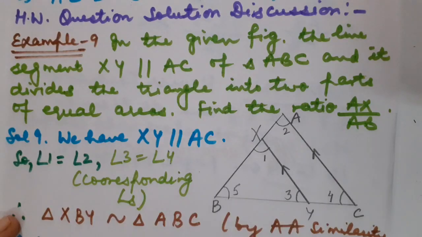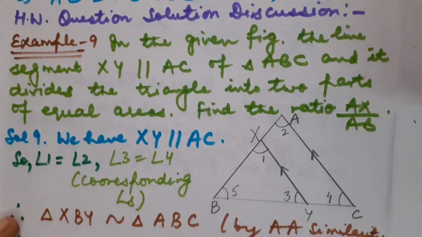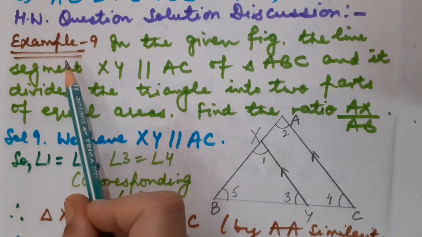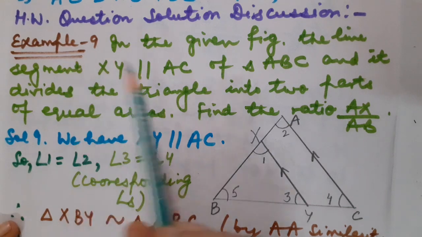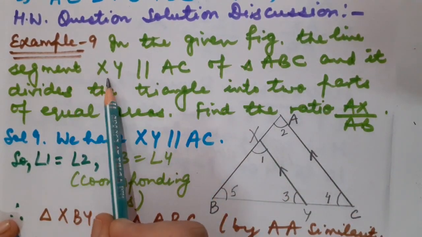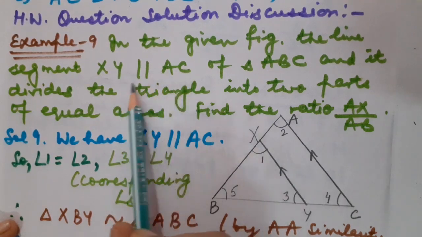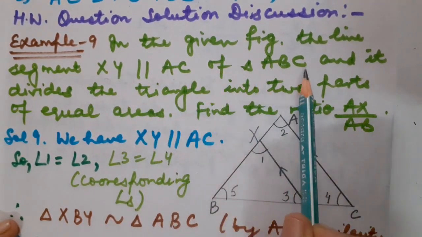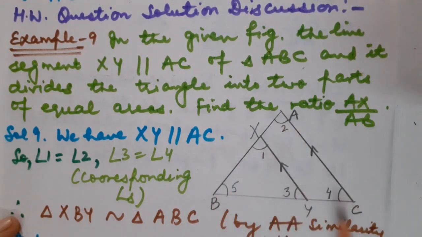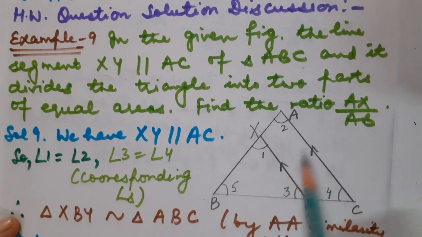Now let us start the homework question solution discussion. This is actually example number 9. Most important example it is. Please be alert. In the given figure, the line segment XY is parallel to AC of triangle ABC. So let us draw a triangle ABC. This is triangle ABC. There is a line XY which is parallel to side AC. Understood this much?